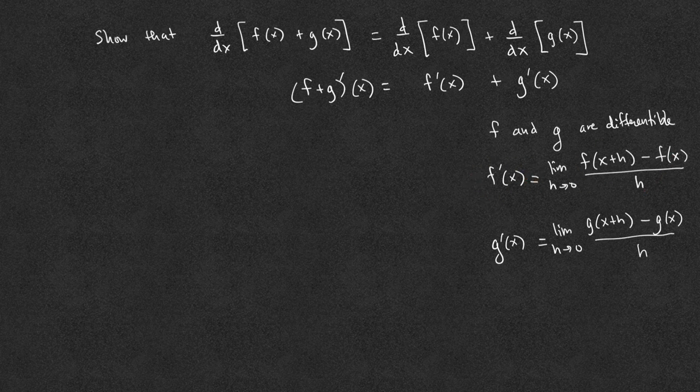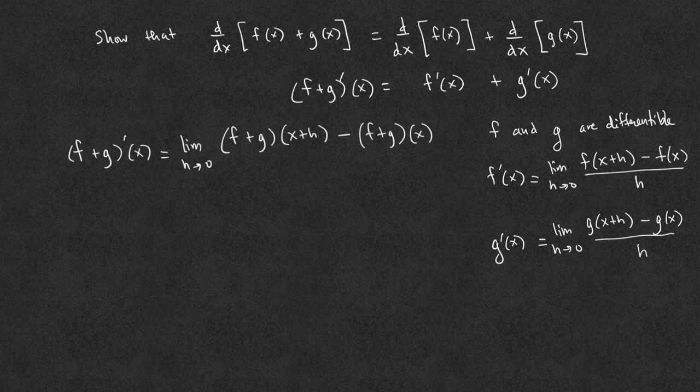And so, if we want to find the derivative of the sum, we would start out with the limit definition of the difference quotient of the sum, meaning (f plus g) prime of x by definition is the limit as h goes to 0 of the difference quotient of the sum, which is (f plus g) of x plus h minus (f plus g) of x over h.